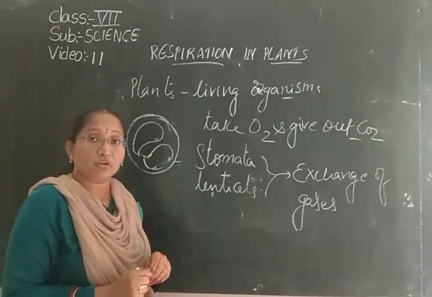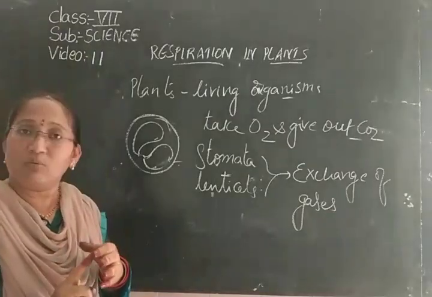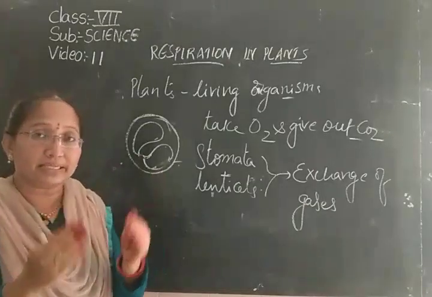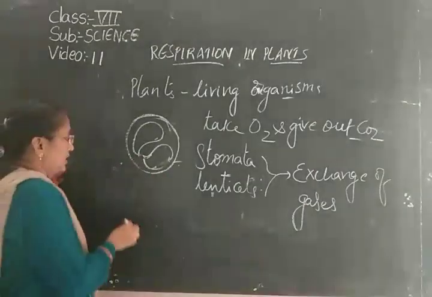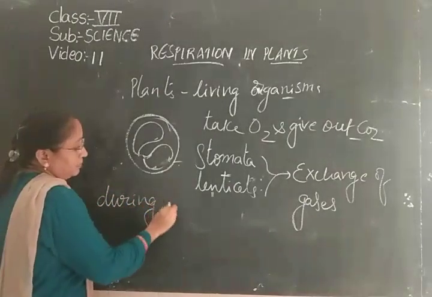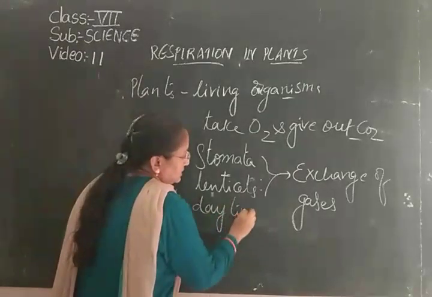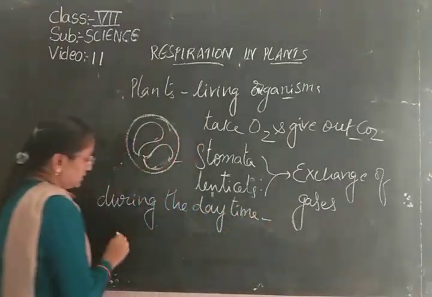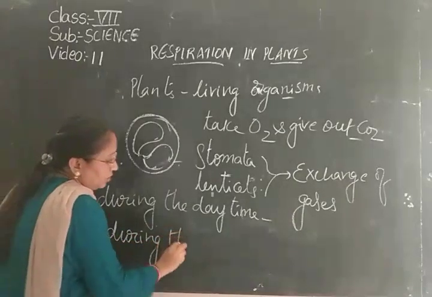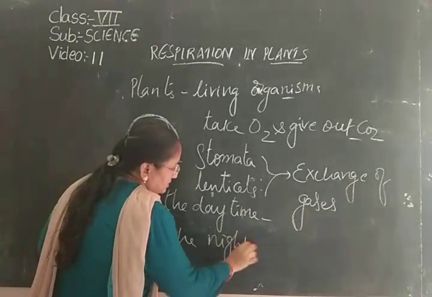The process of photosynthesis needs sunlight, carbon dioxide, chlorophyll and water, we know, isn't it? So during the daytime, plants undergo photosynthesis, and during the night time, plants undergo the respiration process.